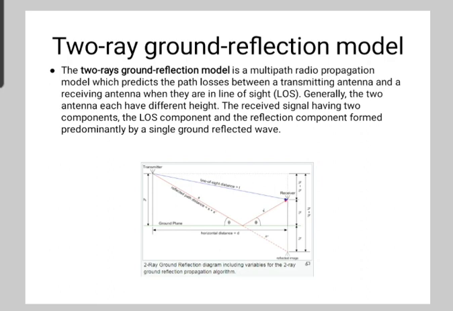The transmitted signal is given by S of t. L here, L is what? L is the length of the direct line of sight. GLOS is the combined antenna gain along with the LOS, that is the line of sight path.